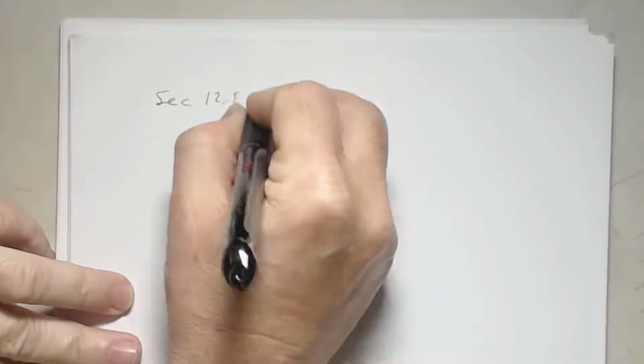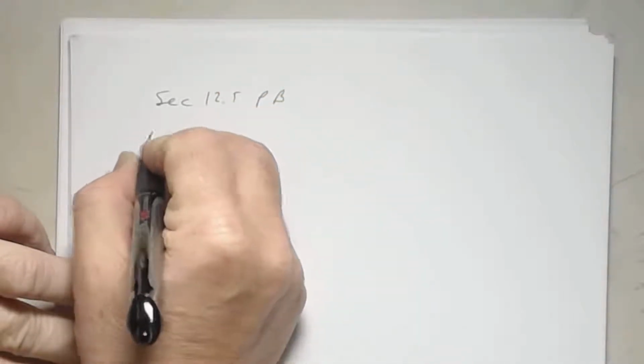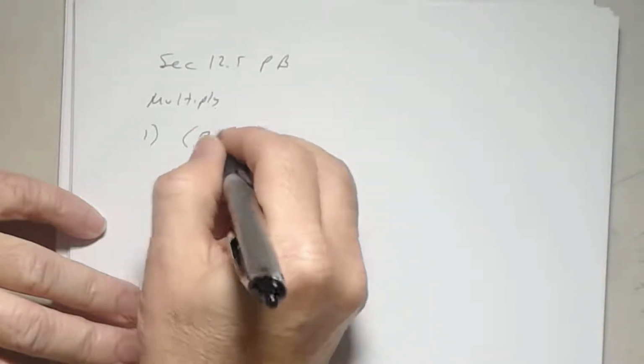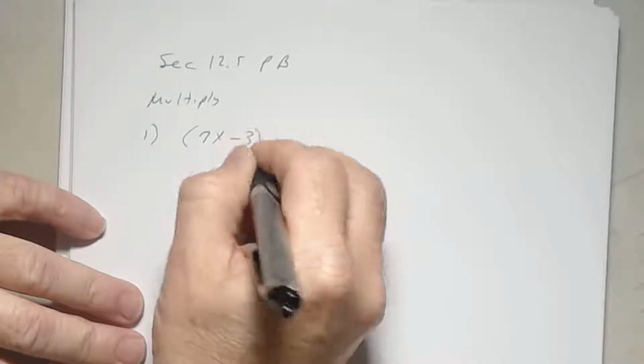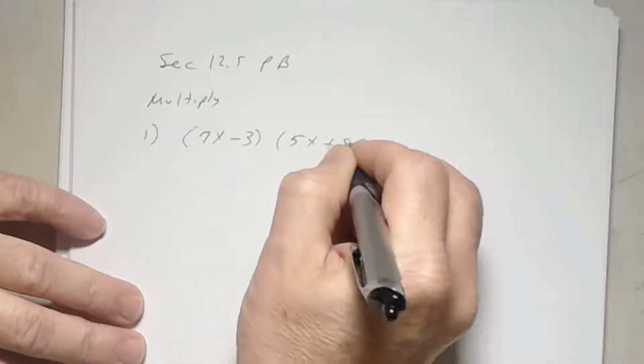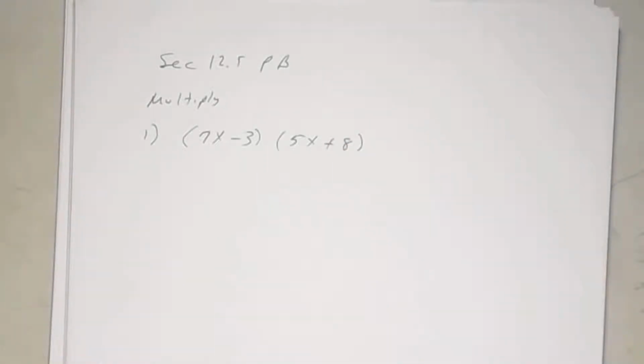Okay, so here's the idea. This is 12.5 part B. You're going to multiply. Number 1: suppose we had 7x minus 3 times 5x plus 8. Now don't use the FOIL method here.